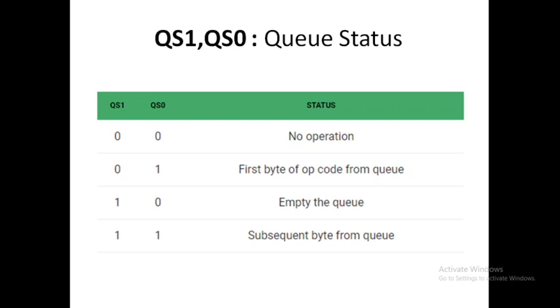For 01, that is QS1 0 and QS0 1, first byte of opcode from queue. For 10, empty the queue, and 11, subsequent byte from queue. So this is the status.